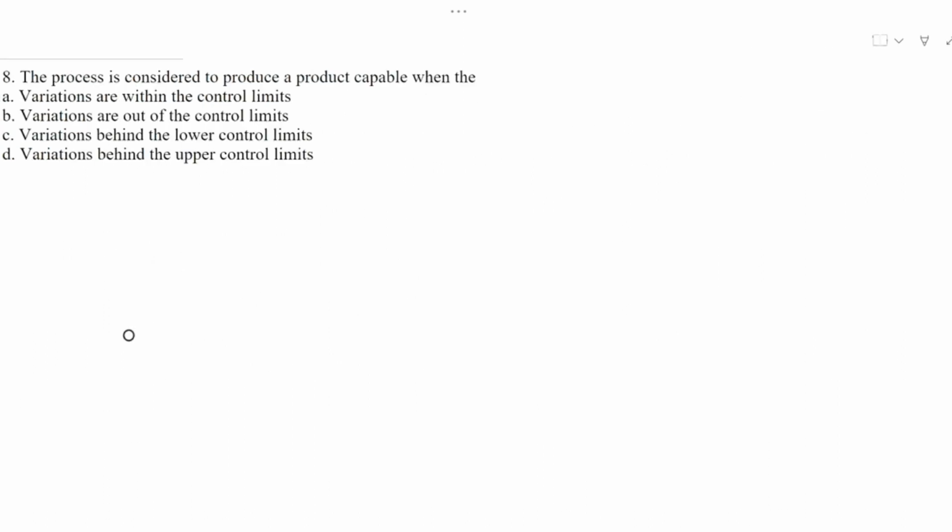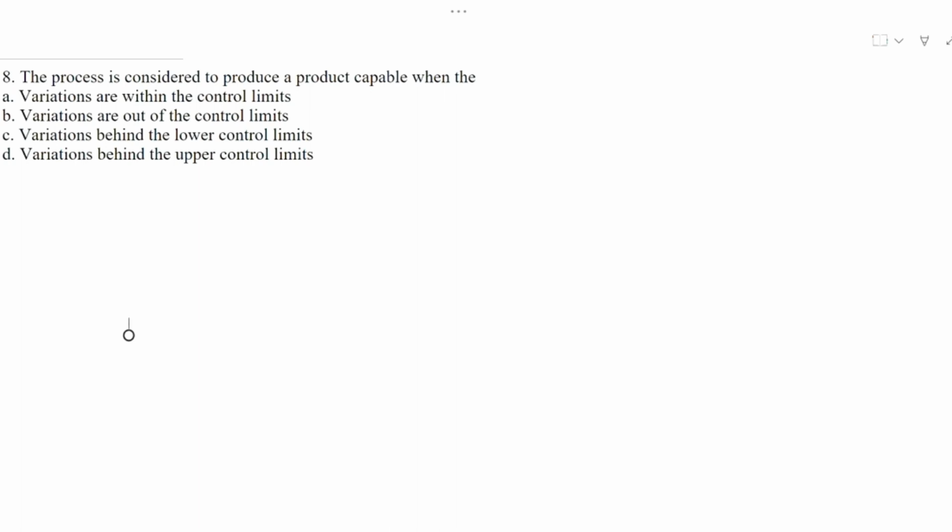Now the next question. The process is considered to be capable when the variations are within the control limit, variations are outside of the control limit, variations are behind the control limit, variations are behind the upper control limit. If you remember, we had drawn a chart last week, where we had the quality characteristics, and this is a mean line, and there was an upper control limit and a lower control limit.